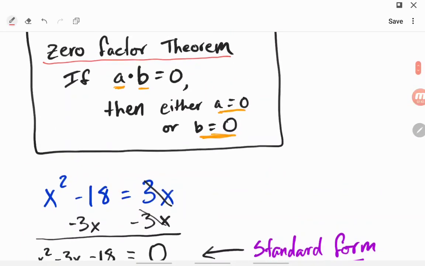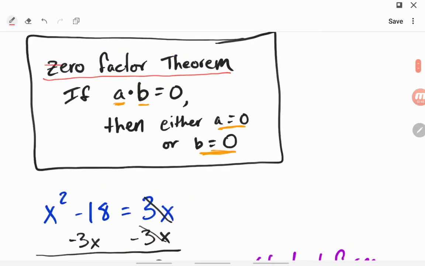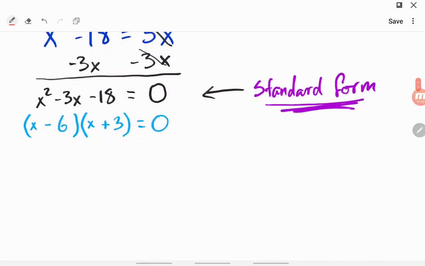This is when your zero factor theorem comes in handy, okay? Because we know that if a times b is equal to 0, and in this case, that's what we have. Look, I'm going to let this right here be a, and this right here be b.